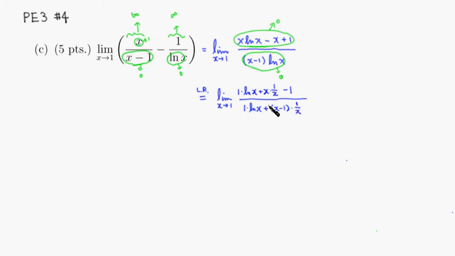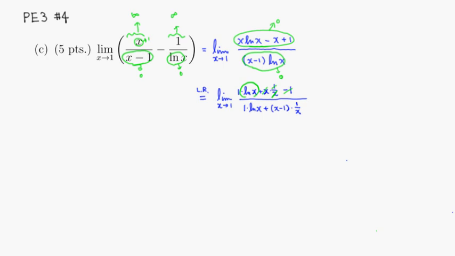Then let's simplify a little bit. You have x over x cancel out, and you have a 1 minus 1 cancel out. So what's left is just natural log of x on top. Then on the bottom you have natural log of x, and I'm going to distribute the 1 over x.